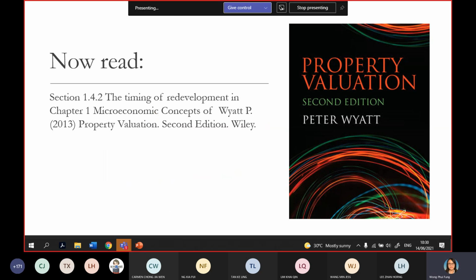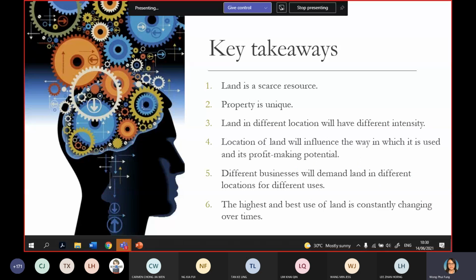Okay, so the last slide is this one. Every chapter I will have this slide called key takeaway, meaning the messages and conclusions that you should know at the end of this chapter, the messages you should take away after completing this chapter.